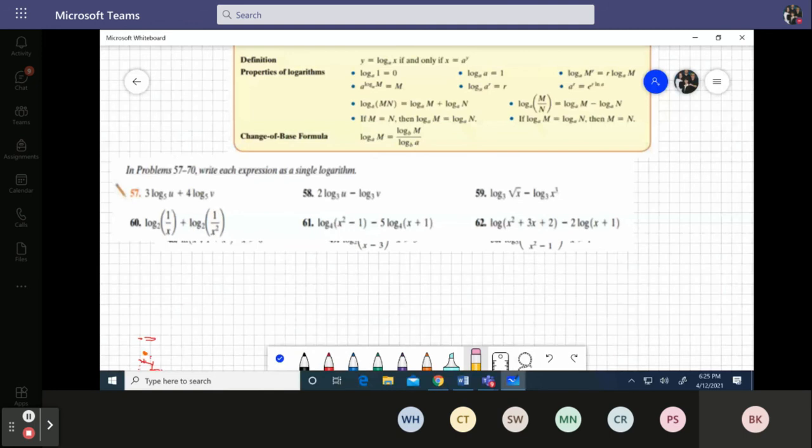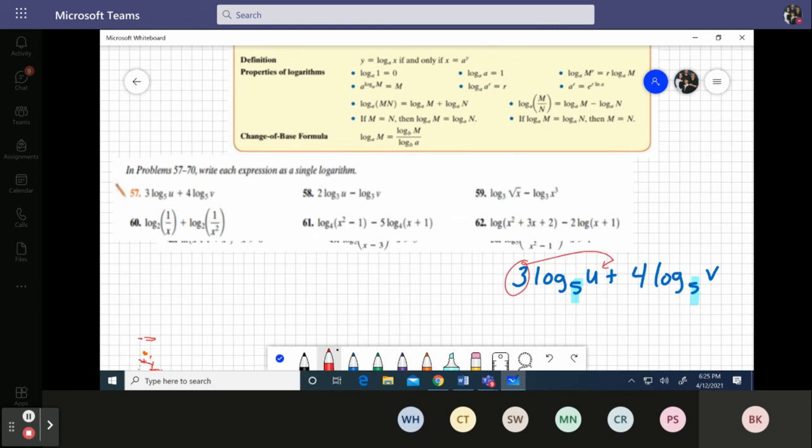I have 3... bases have to be the same. Just like any of these exponential properties we had from back when. If I don't have the same base, I'm dead in the water. There's nothing I can do.